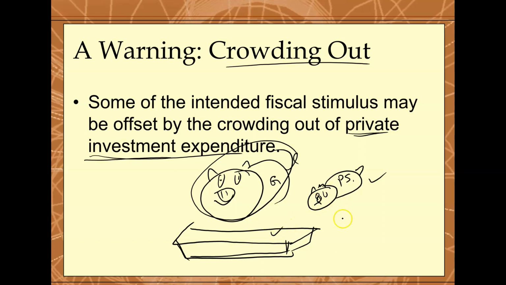When it's more scarce, interest rates go up, and that means the private sector borrows less. And that's what they mean by crowding out. So that is something to worry about, but that's usually what we call a long-run concern, not necessarily a short-run concern. Okay? Well, that closes our talk about fiscal policy. Later on in the class, we're going to talk about another way of creating more demand using monetary policy.